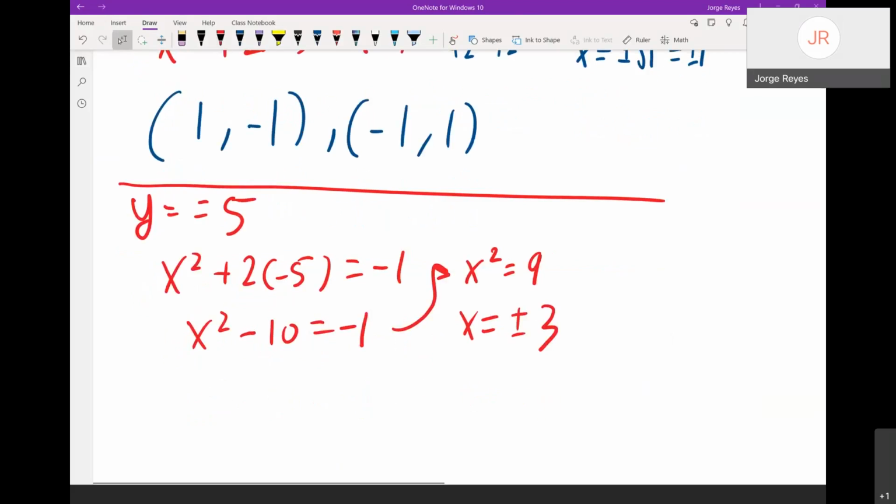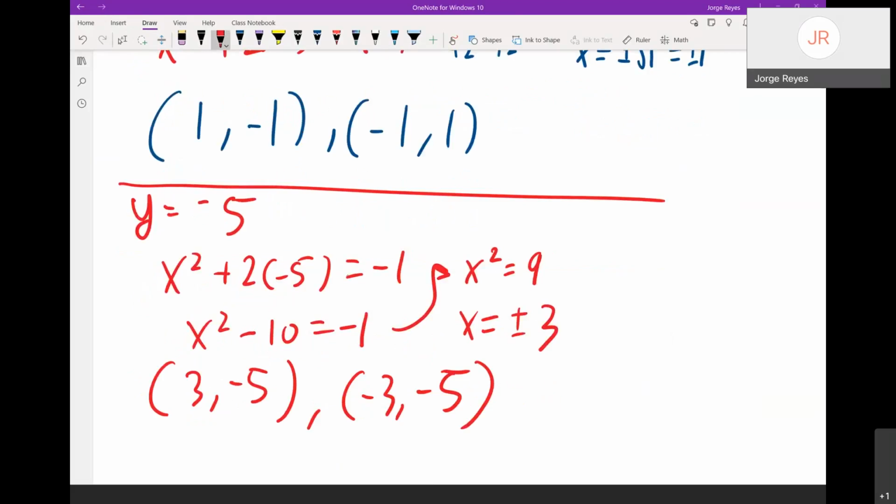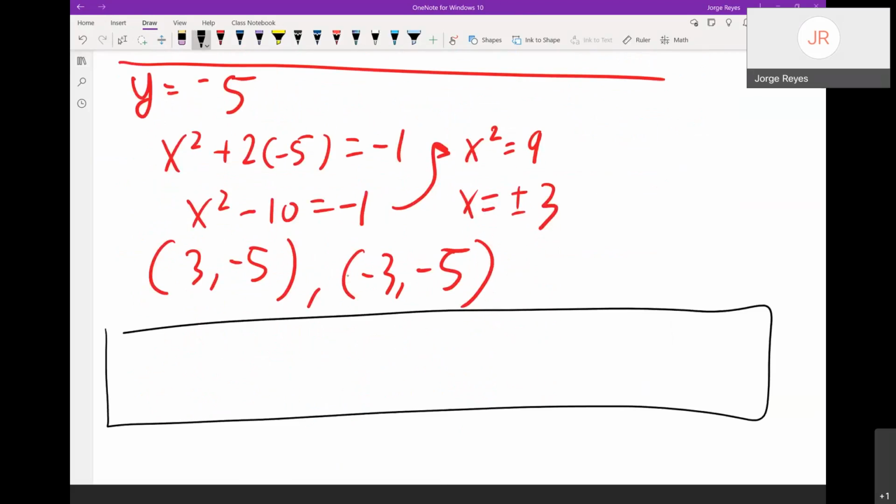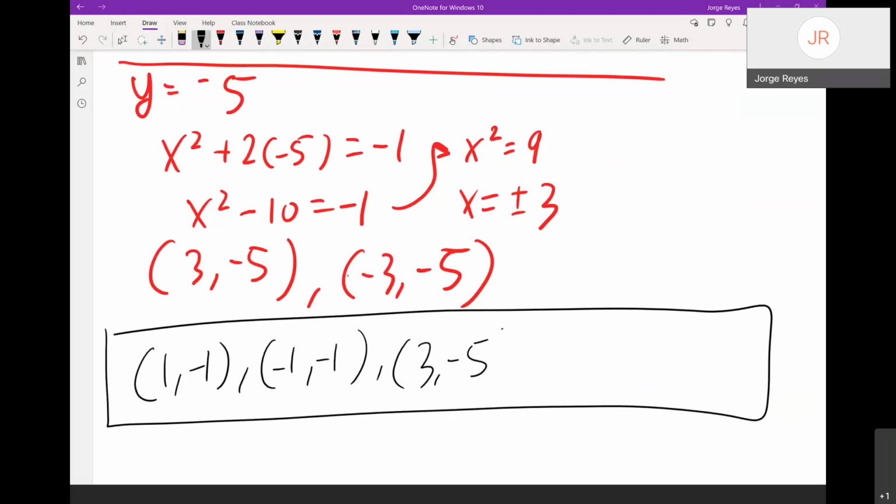So you should get the two other answers, 3, -5 and -3, -5, which are correct. So the final answer to this one is 1, -1; -1, -1; 3, -5; -3, -5.